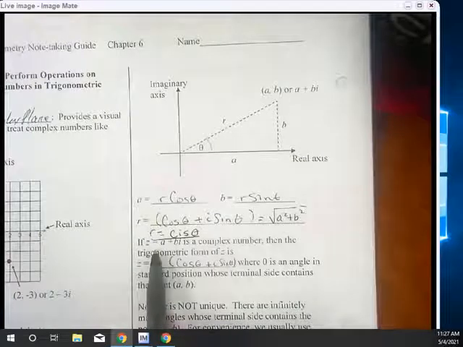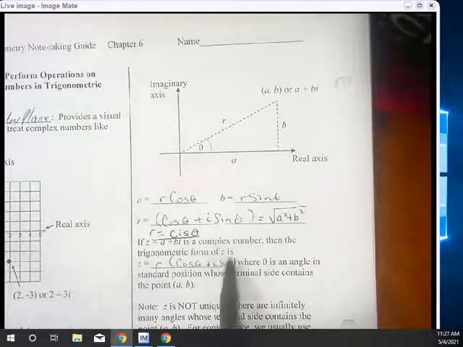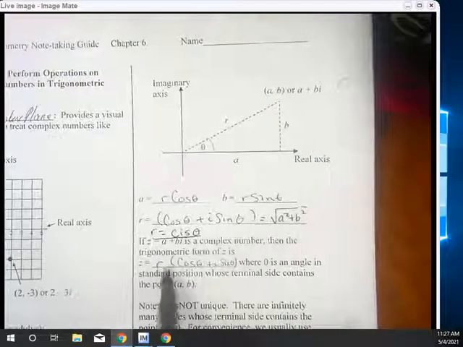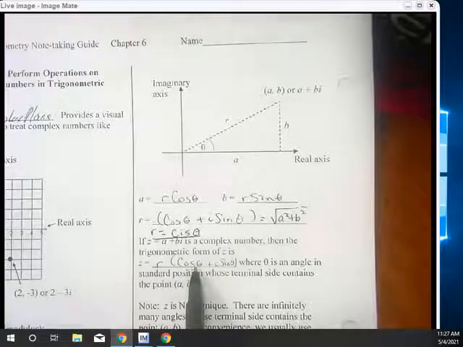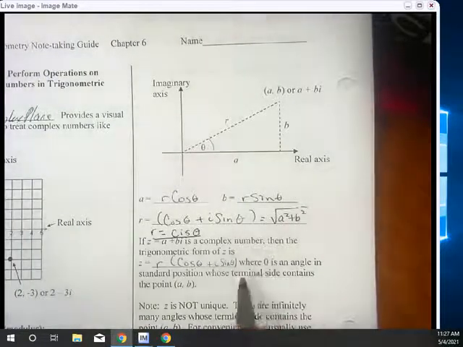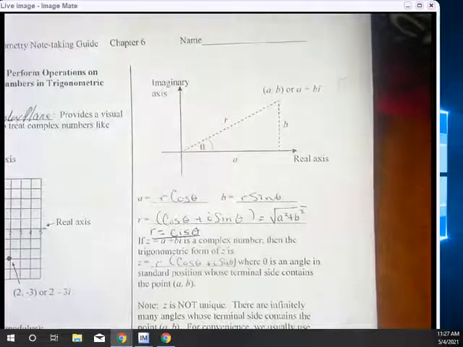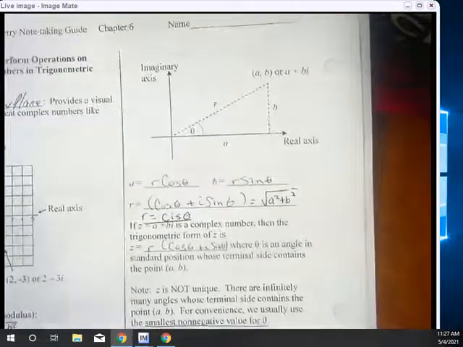If z is a complex number, then the trigonometric form of z is going to be r times cosine theta plus i sine theta, where theta is the angle in standard position whose terminal side contains the point. Now, z is just an arbitrary variable that I picked.